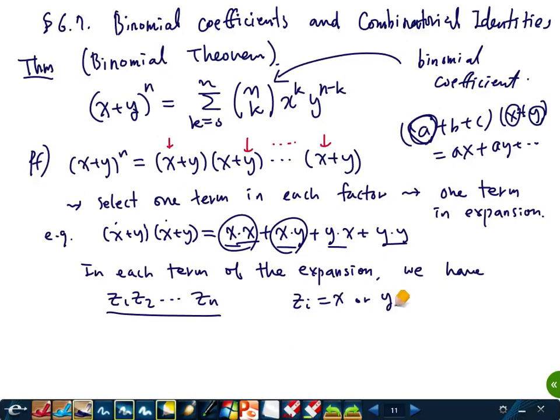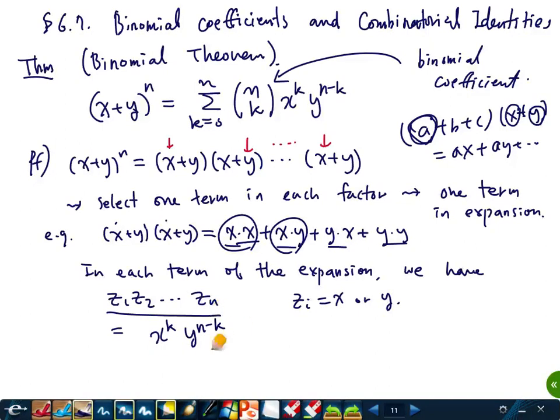But if you have this kind of thing, this will always be x to the something, y to the something. But because we have in total n letters, it must be x to the k times y to the n minus k for some k. Every term looks like this, okay?